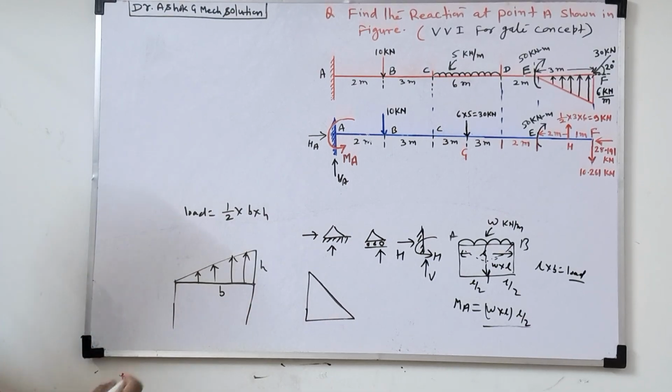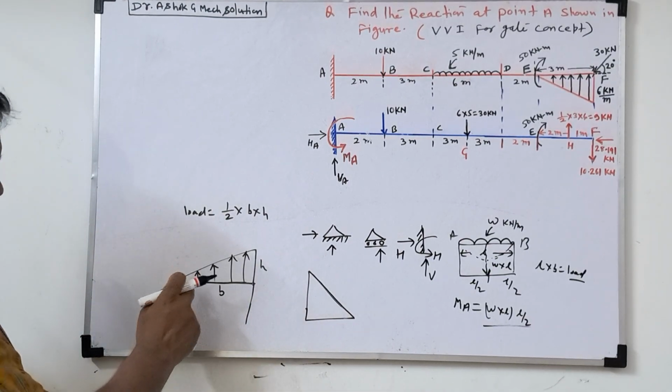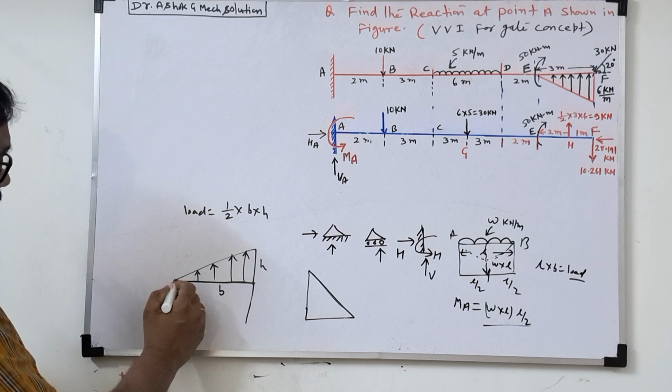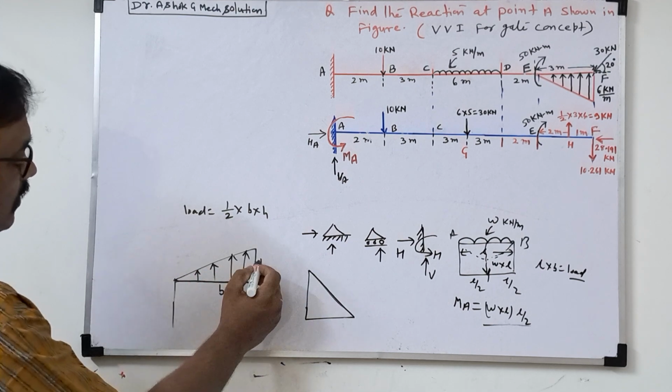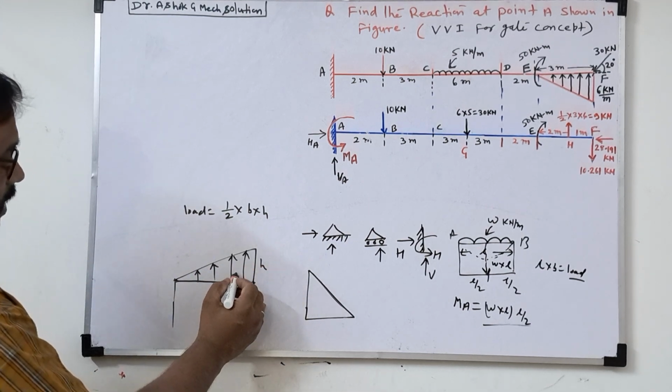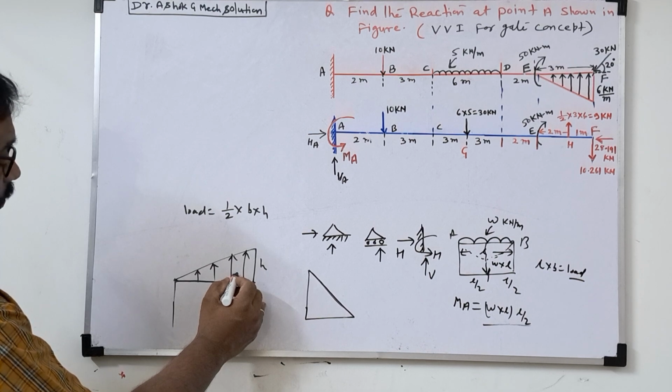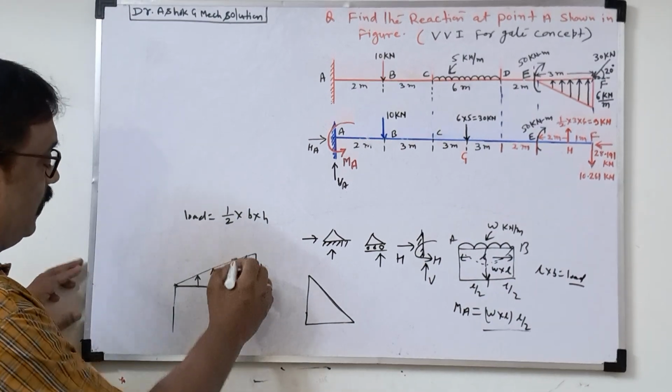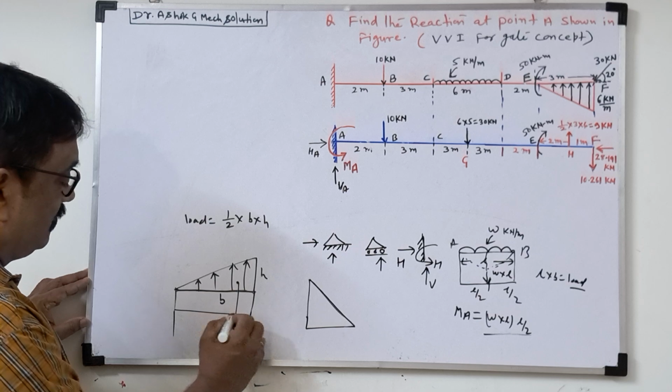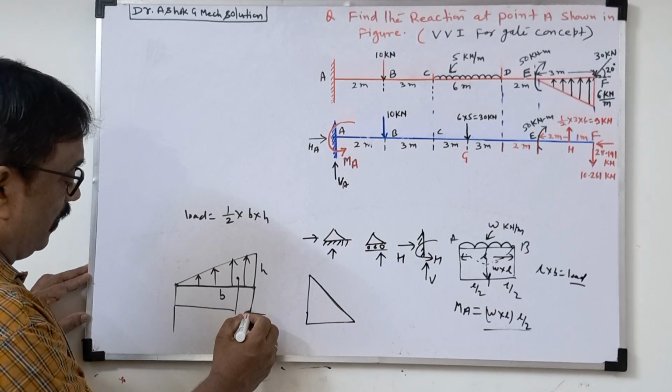Now see one technique: the center of gravity lies somewhere in between, closer to the bigger section. Then what is this distance and what is that distance? We have to find out.